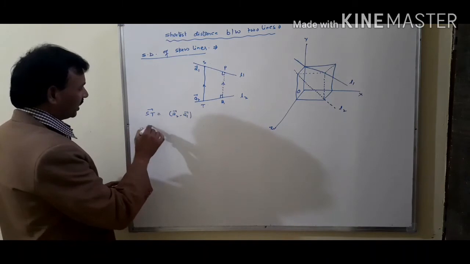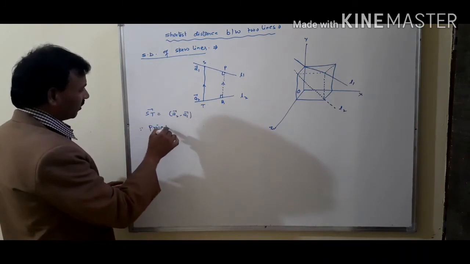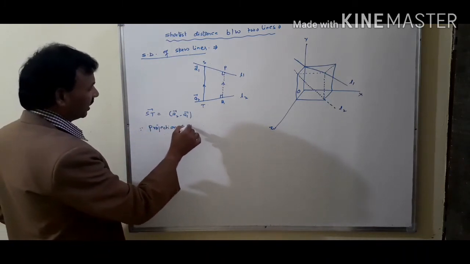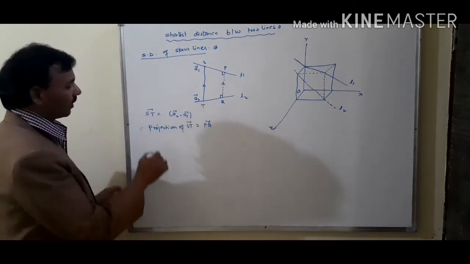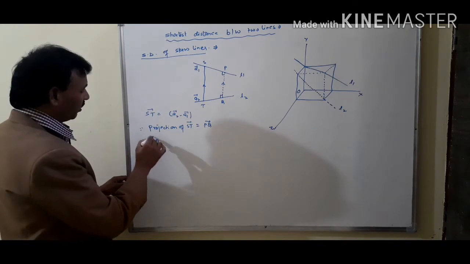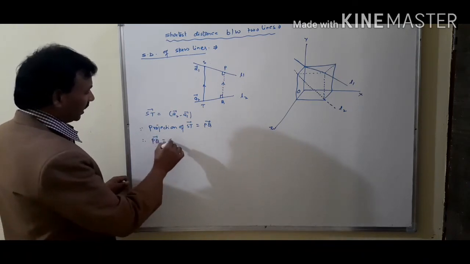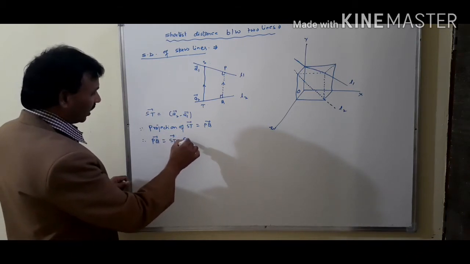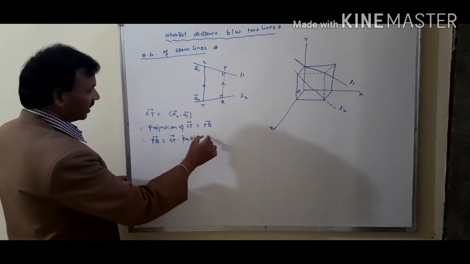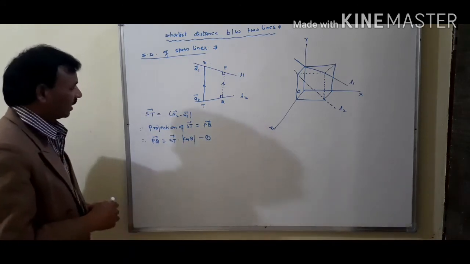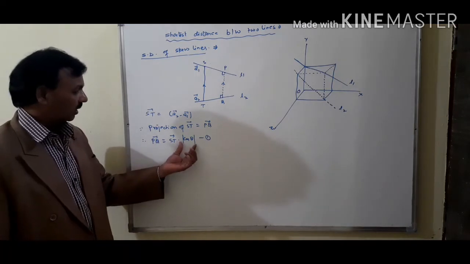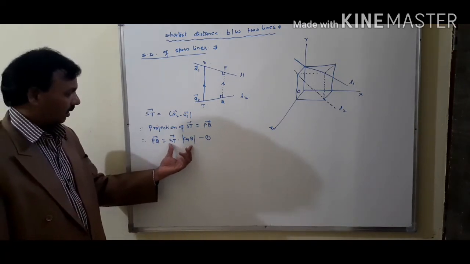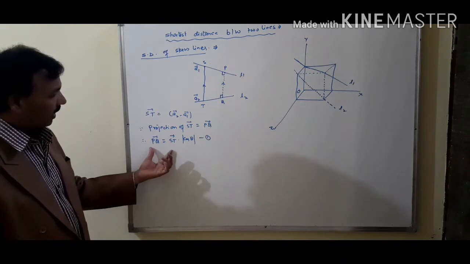Since the projection of ST equals PQ, therefore PQ vector equals ST into cos of theta. This is the relation first. This is the property of projection.